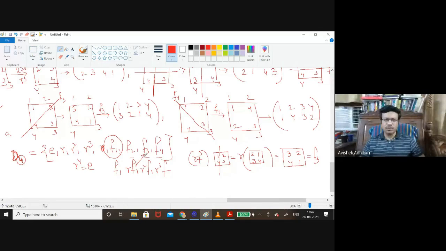Just now I told you. Similarly, if I consider R square F, you will find something like this. R square F means R of RF, and that is again another rotation of the same thing. That is here 4, 3, 2, 1.